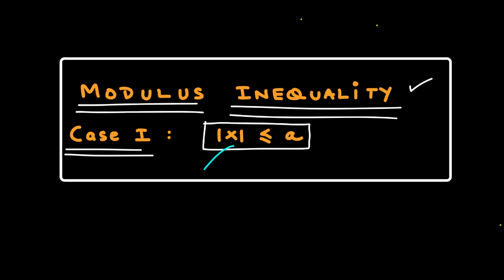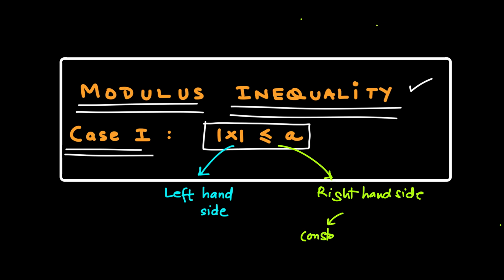A modulus on the left hand side of the inequality, and on the right hand side there could be a constant, there could be some terms in x, or it could be a combination of both.